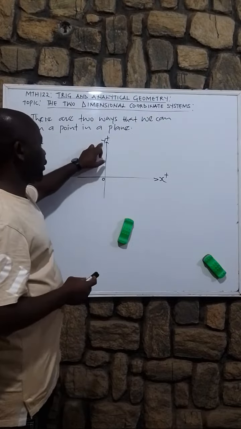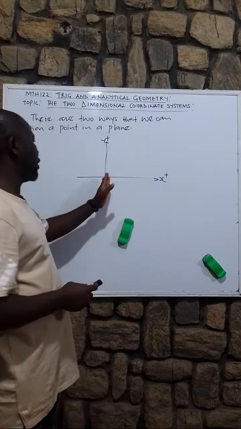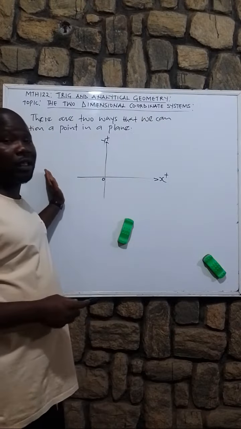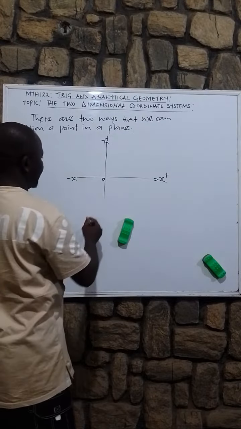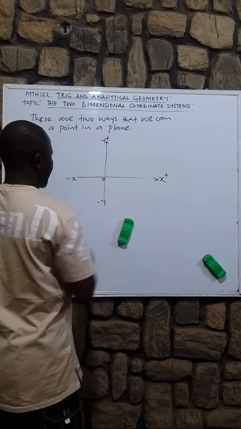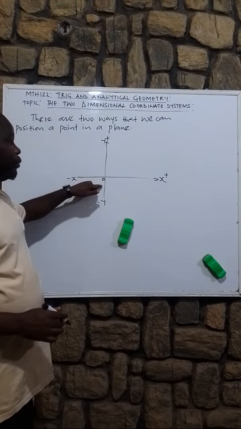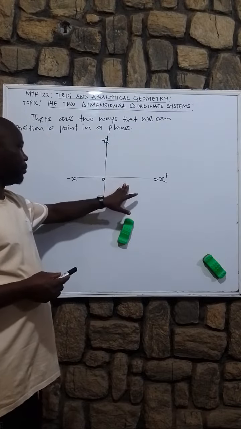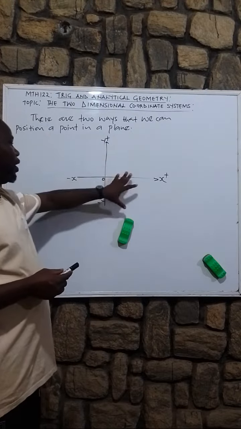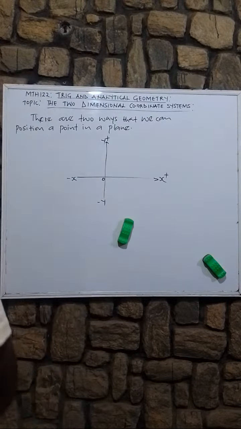Anything down to the left is always negative. When you come across something of this form, mathematically we refer to it as a plane. That is what I mean, not the flying plane.